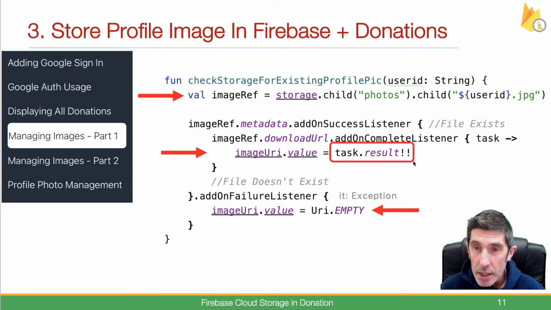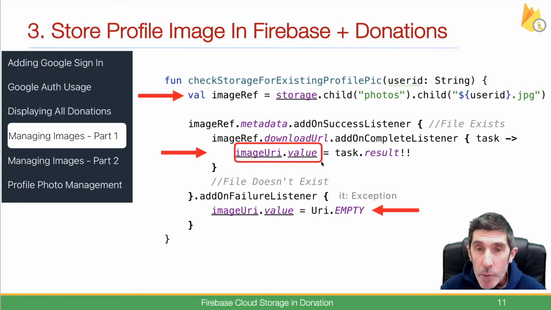That will be the download link. So every time we load up our application, we can access that image and pull it down. Rather than having to download it every time we refresh the page, I will update that image URI, and because that's observable, if that changes, then changes are reflected across the overall application.